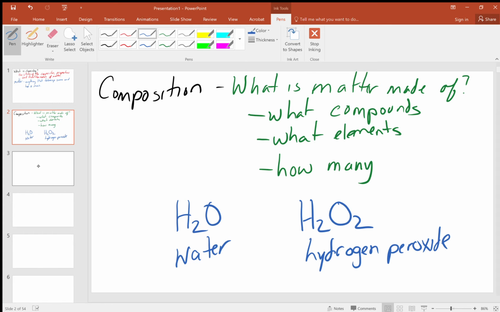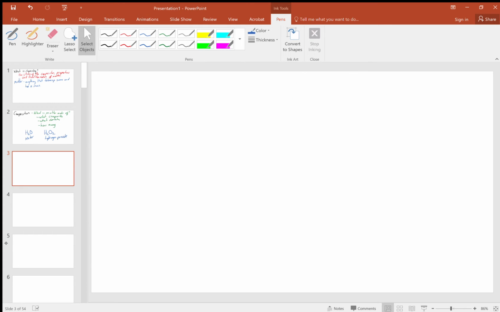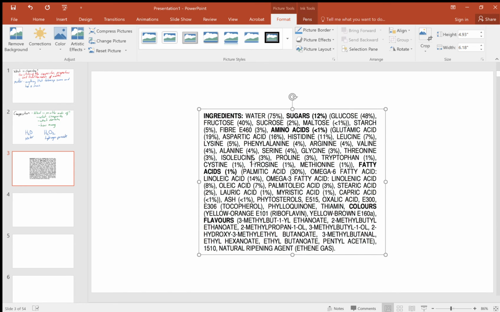Another reason we might want to study chemistry is, let's look at the following. I always find these to be a great place to start in a course like this. So here's an ingredient list. So take a look at this. Is this something you'd want to consume?